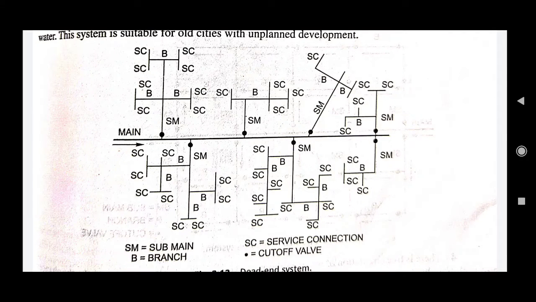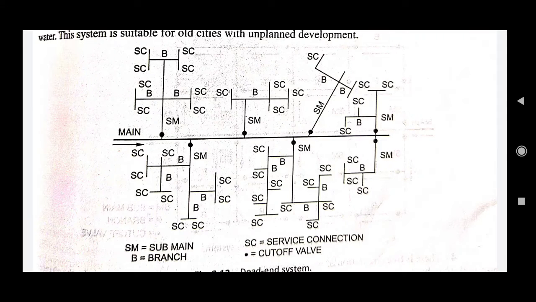So in this system you can easily see that the first thing is the centralized main pipeline, and the second thing is the sub main which is taken out of the main. From the sub main, the branches are taken out, and from the branches the service connections are provided. So as you can see, there is no necessary condition in which the main and the service connection or the branch lines can be provided.